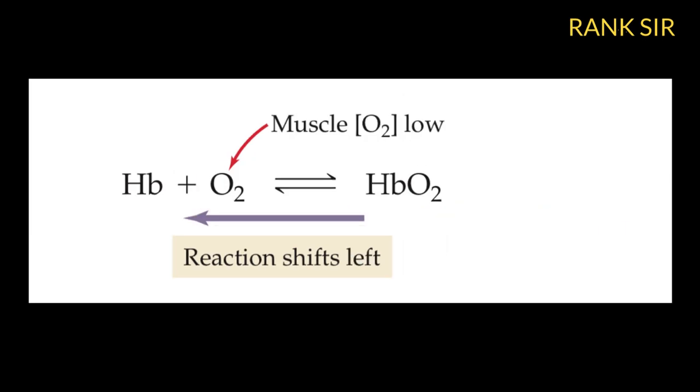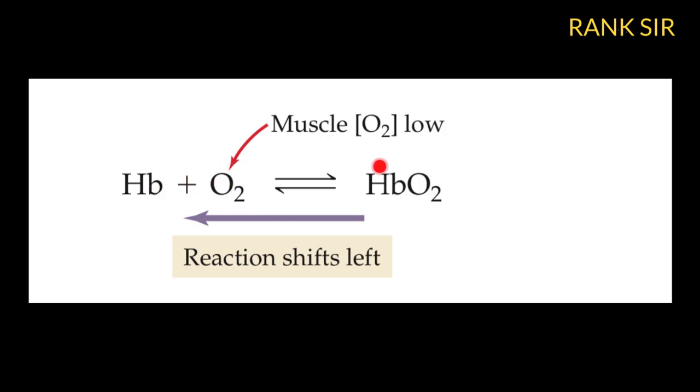How does this reaction shift to the left? Hb and O2 combined to form HbO2 in the previous equation. Now when oxygen concentration decreases because it is given to muscles or other organs, the concentration on the left side decreases, so the reaction shifts to the left.